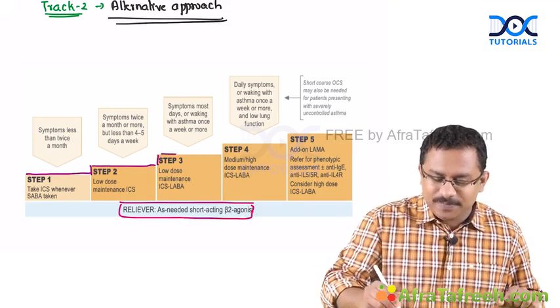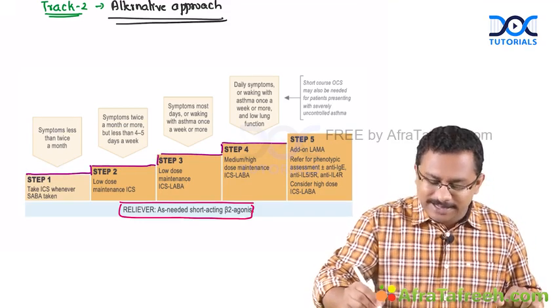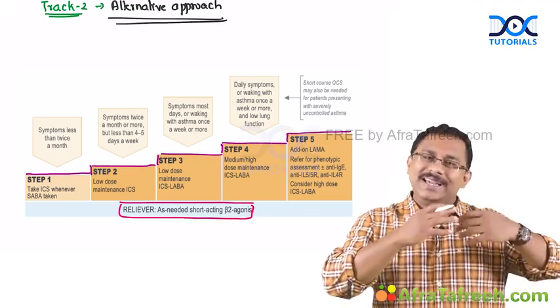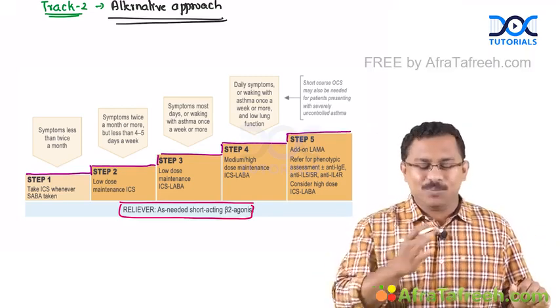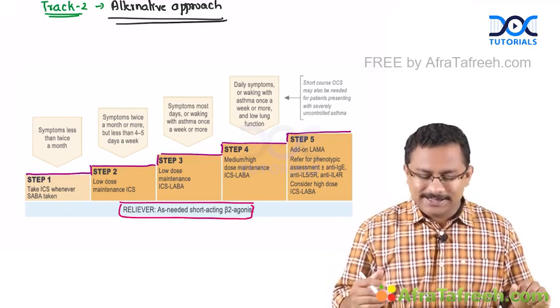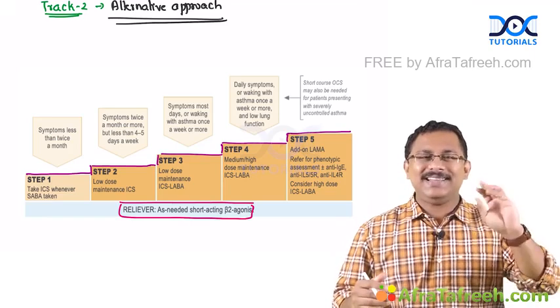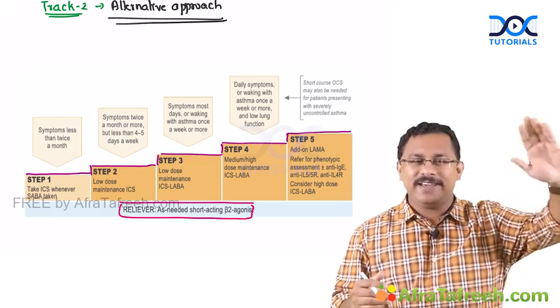But here you can see, since the maintenance therapy is different for 1 and 2, it's separately categorized. Step 1 and 2 are separately categorized. Now, what is step 1? Let's try to understand these steps in the same order that we went for track 1.